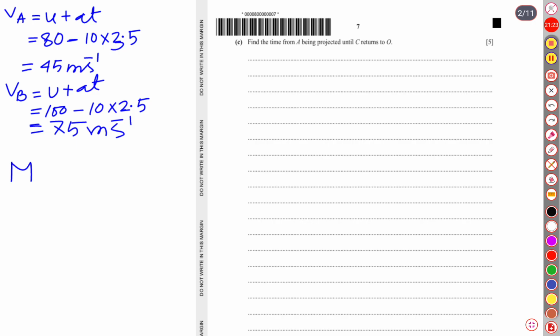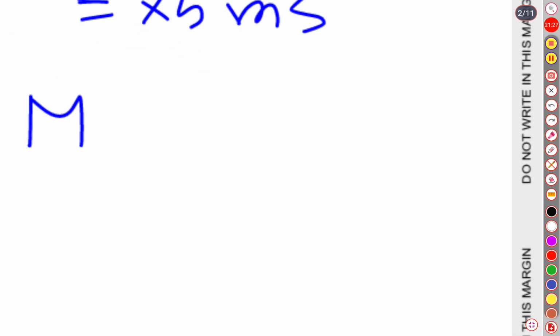Let me write it after zooming it out. We know the concept of conservation of momentum is MA, not with this ink. Let me change the color of the ink. It may be this.